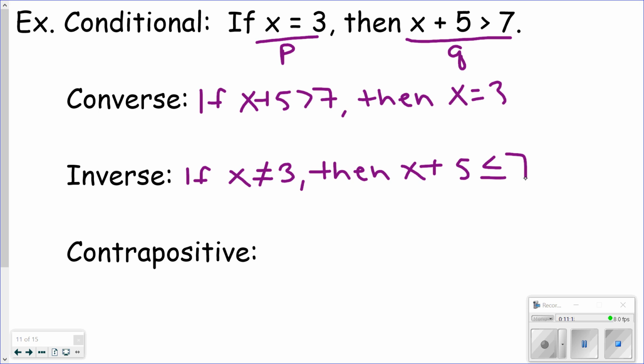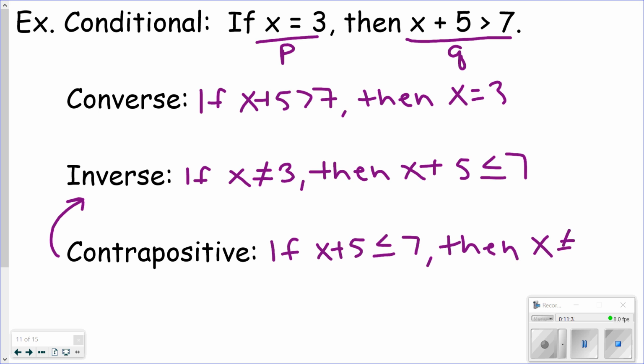And finally, the contrapositive is taking my inverse sentence and flipping those two sentences around. So if x plus 5 is less than or equal to 7, then x does not equal 3. And I'm done.